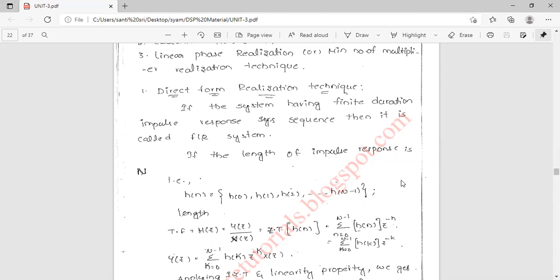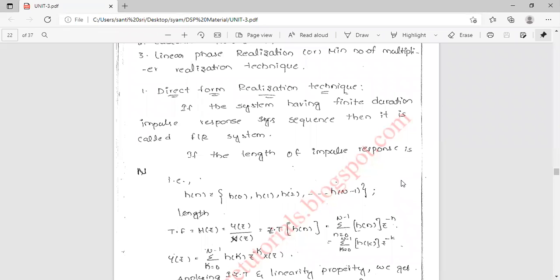So here the present output depends upon the present input and past input sequences. If the length of the impulse response is n, that is h of n is equal to h of 0, h of 1, h of 2 up to h of n minus 1.